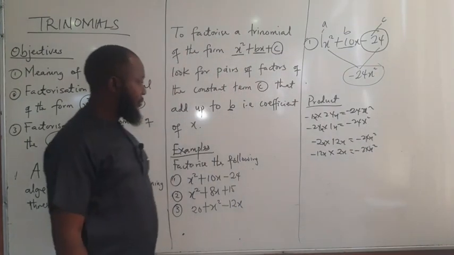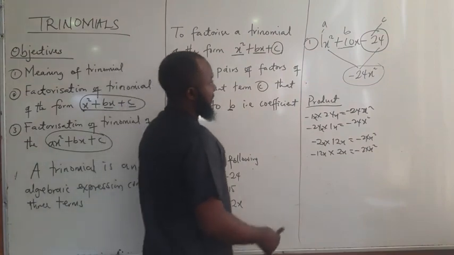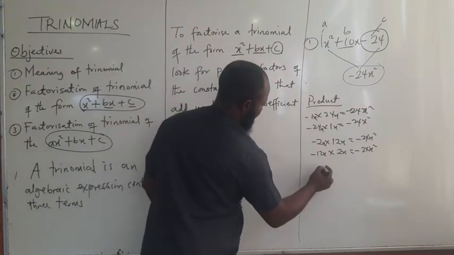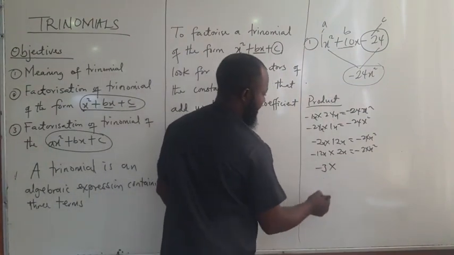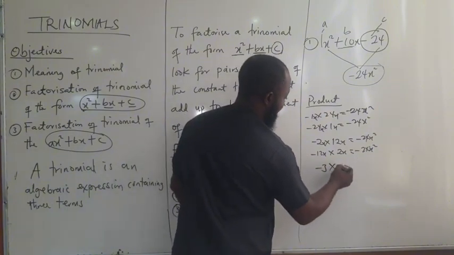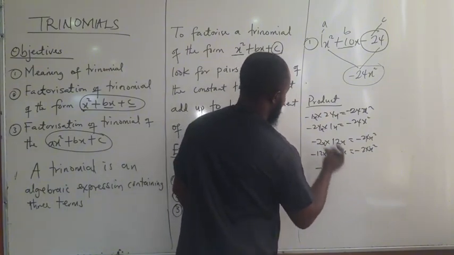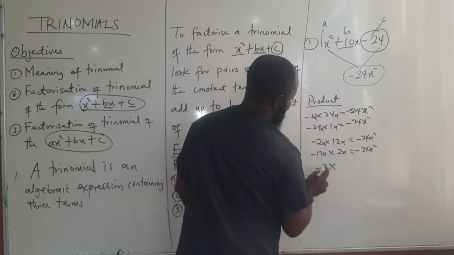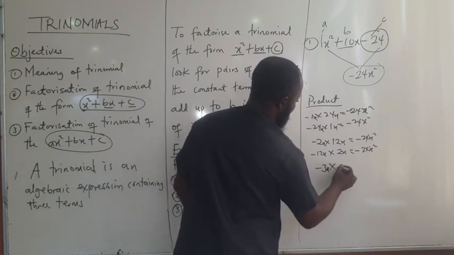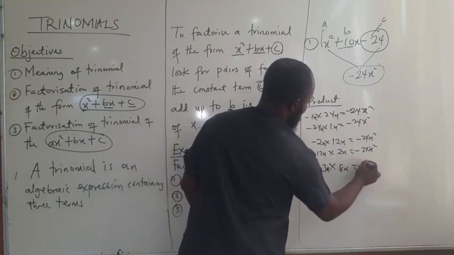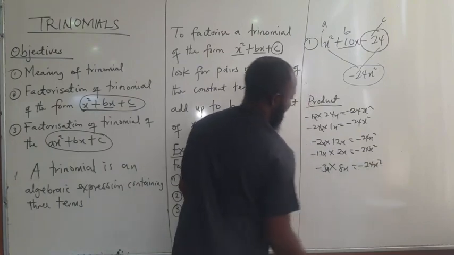I hope I'm making sense. Then the next one is 3. You can say minus 3x times 8x, which gives us minus 24x squared.